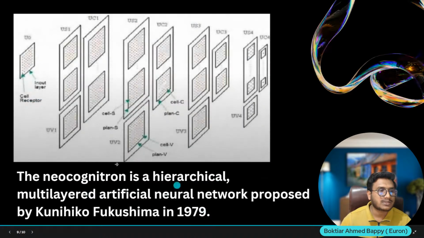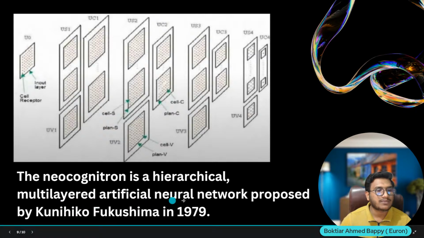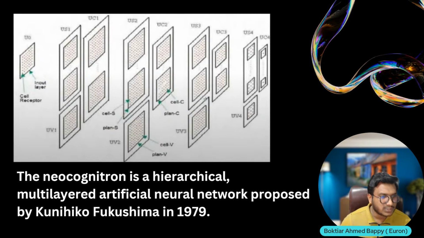Now see, this was the first architecture they proposed, called neocognitron. Japanese scientists introduced this particular architecture. You can see this is the hierarchical multi-layer artificial neural network proposed by Kunihiko Fukushima in 1979.